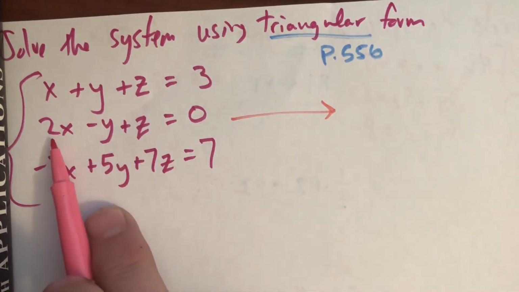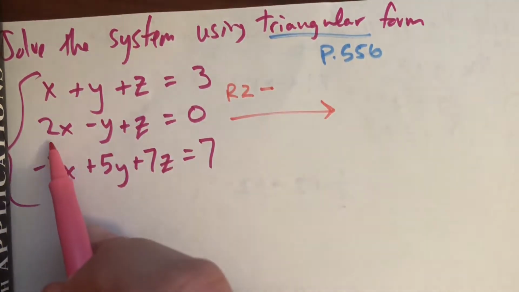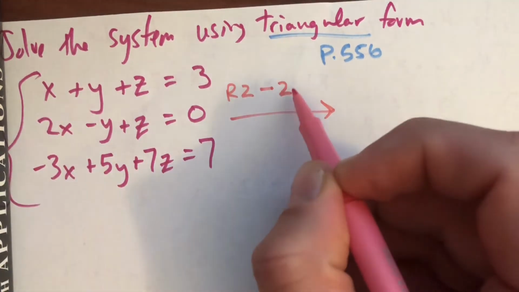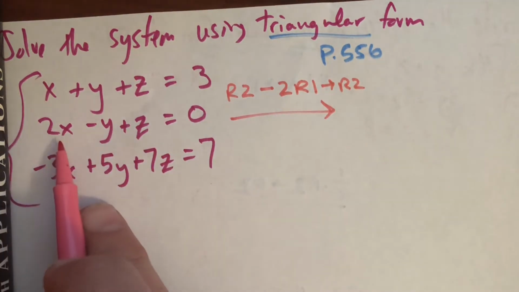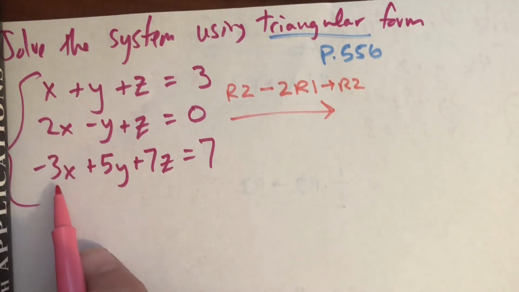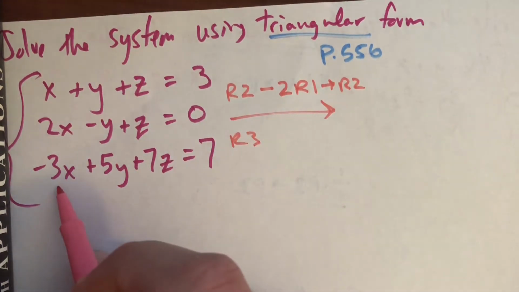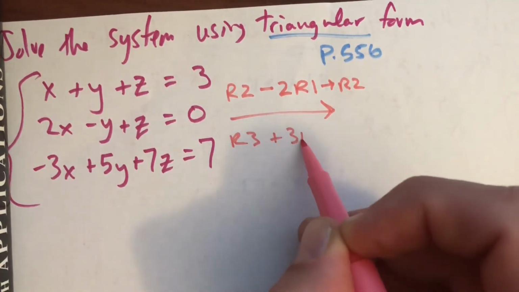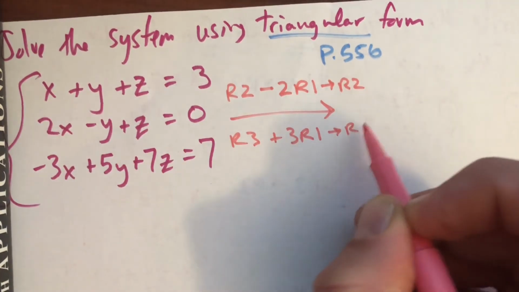If I take row 2 and I subtract off 2 times row 1 and put that in place of row 2, that's going to get rid of the x there. And we can do this maybe at the same time. Let's take row 3 and let's add 3 times row 1, because that's going to get rid of my x, right? I'll put that in place of row 3.